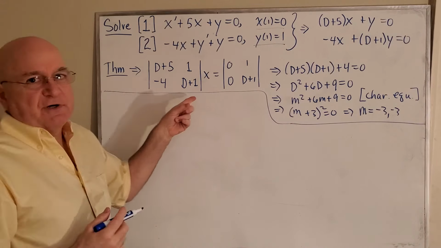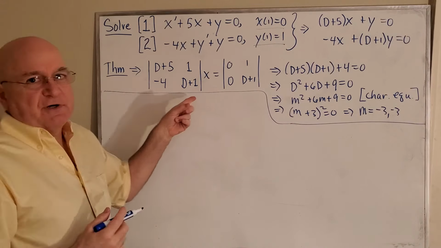minus 5x. Well, here's x. So I'm going to multiply 5 through. Let me see if I can line them up.